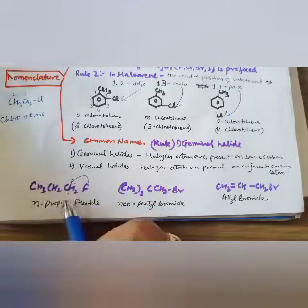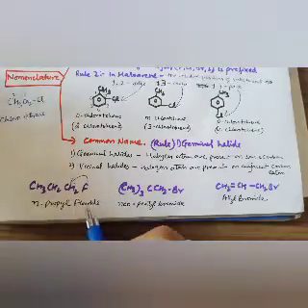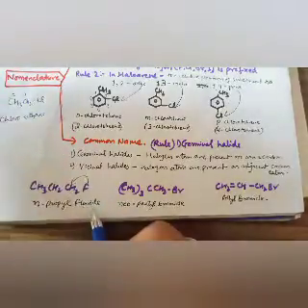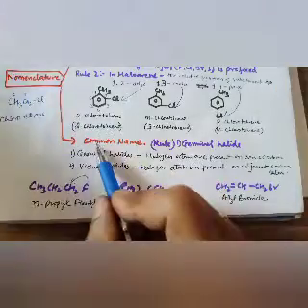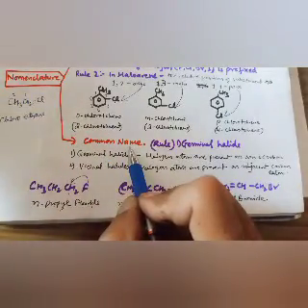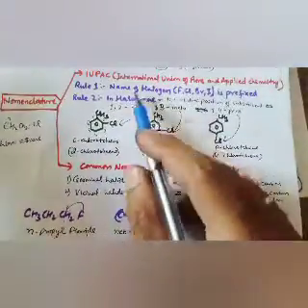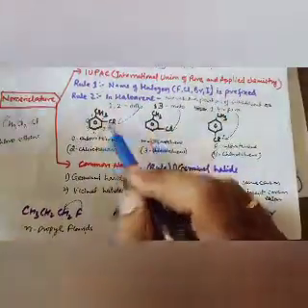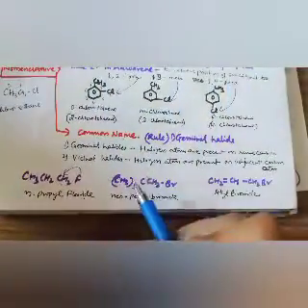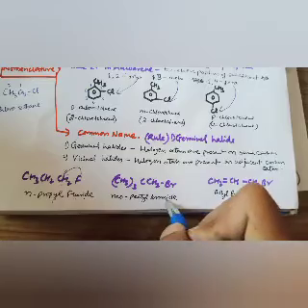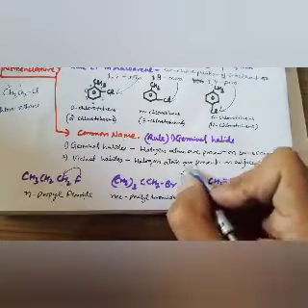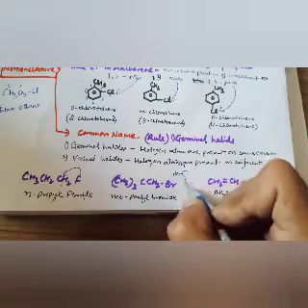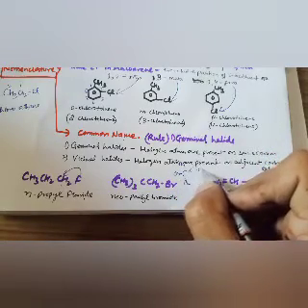The name of this is n-propyl fluoride. Here you can see the halogen group is the suffix, and propyl is first, the alkyl is first. In common names we write the alkyl first, then the halogen, whereas in IUPAC we write the halogen first, then the alkane group. So neopentyl bromide, where all sides have CH3: CH3, CH3, CH3, C, CH2, Br.